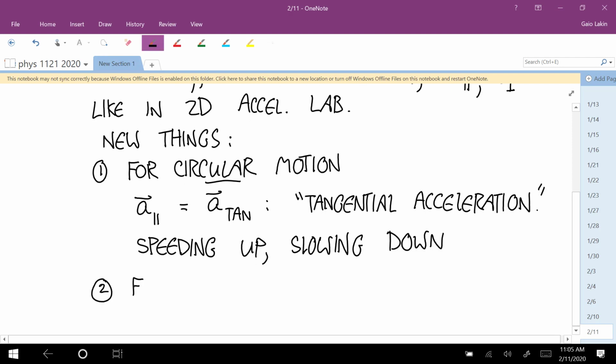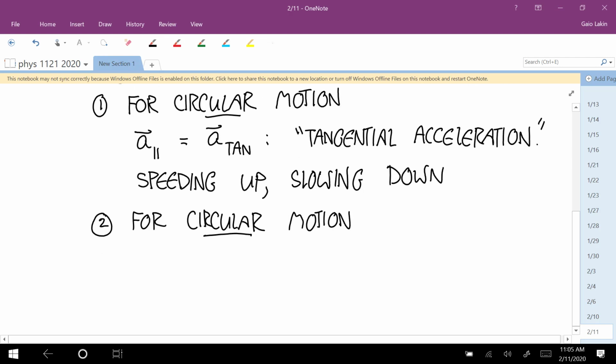Also for circular motion, and not for other types of motion, the part of the acceleration that's perpendicular to the velocity, I'm going to denote it a sen, and this is going to be called the centripetal acceleration.